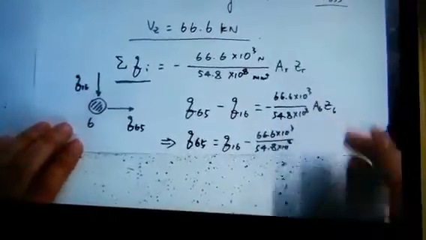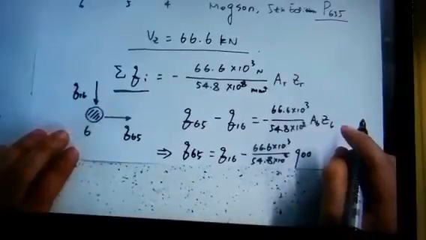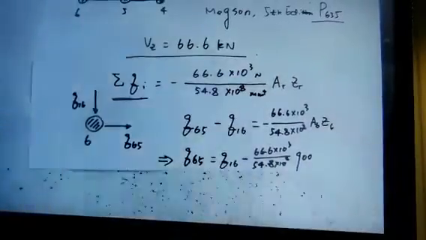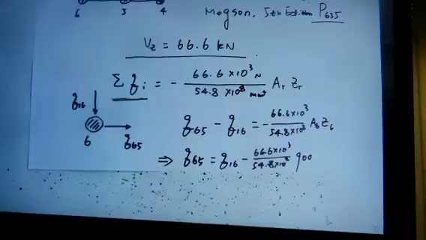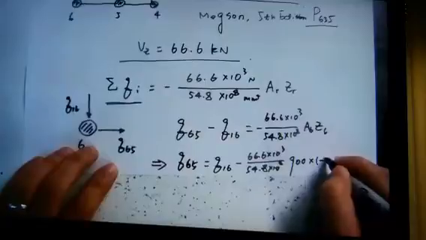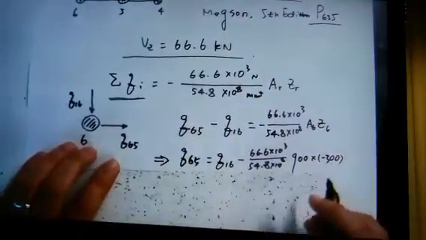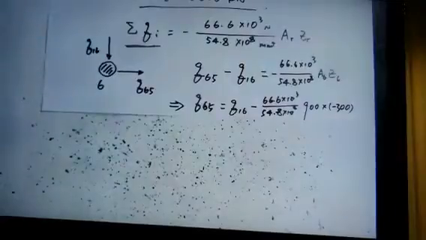A6 is the area of boom 6, 900 square millimeter, right? And Z6, boom 6 is below the y-axis, so it should be negative. Z coordinate of the boom 6 is negative 300. It's below the y-axis.